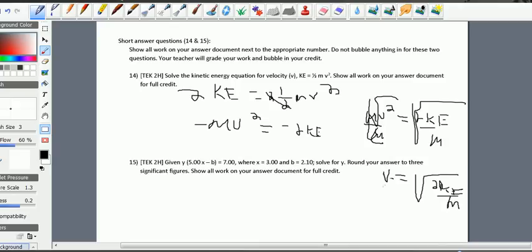This one right here was just plugging. What are you solving for? You're solving for y. So you can plug in your number first if you want to. 5 times x was 3. B was 2.10 equals 7. That gives me 15 minus 2.10 because 5 times 3 is 15.